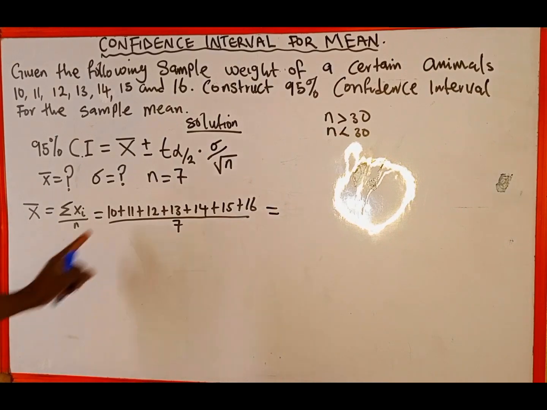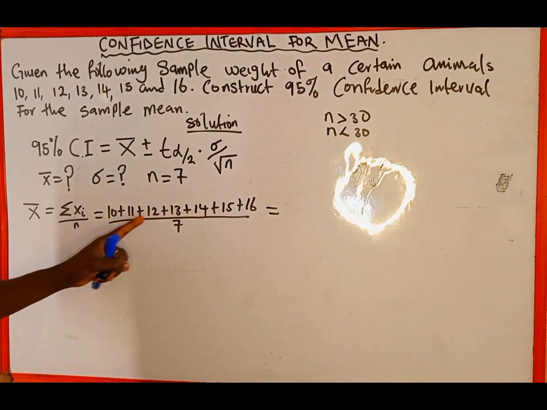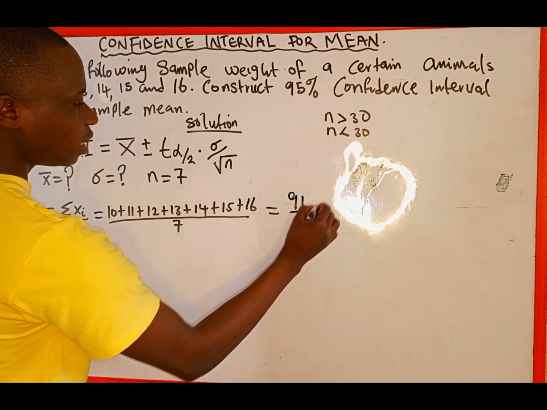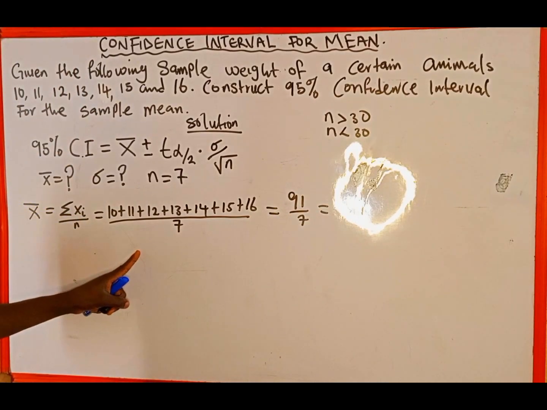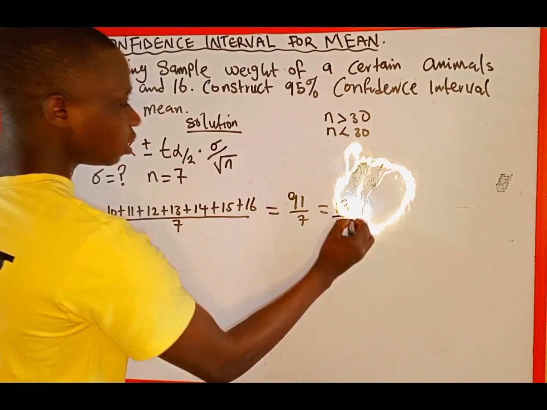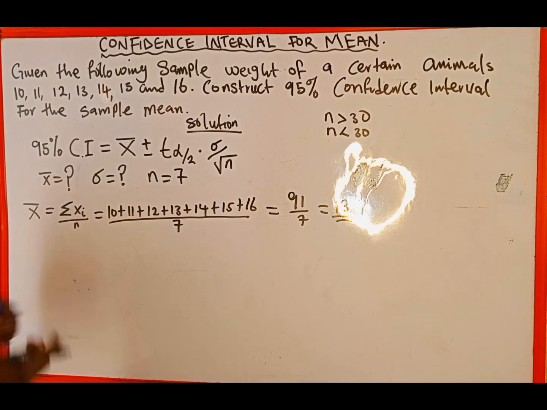If you sum all these numbers together, it's going to give us 91. And 91 divided by 7, if you press the calculator, is going to give us a whole number, 13. So therefore, x bar is equal to 13.